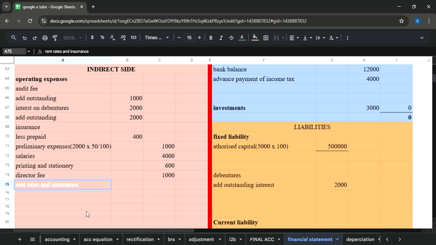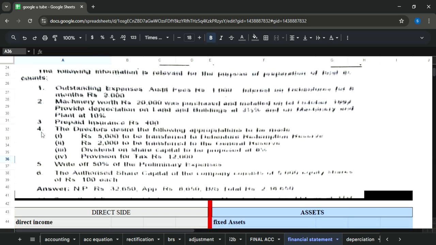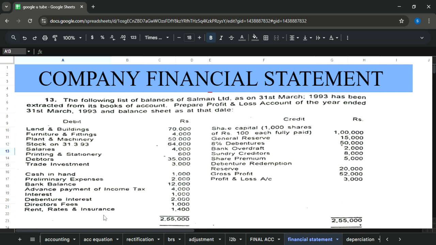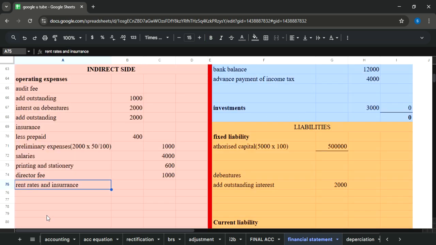On the other hand, insurance prepaid is also present. So let's see how we will deal with it, because it is said insurance is included over here. So instead of writing it separately, we will be writing this insurance over here. No need to record it in a separate way.